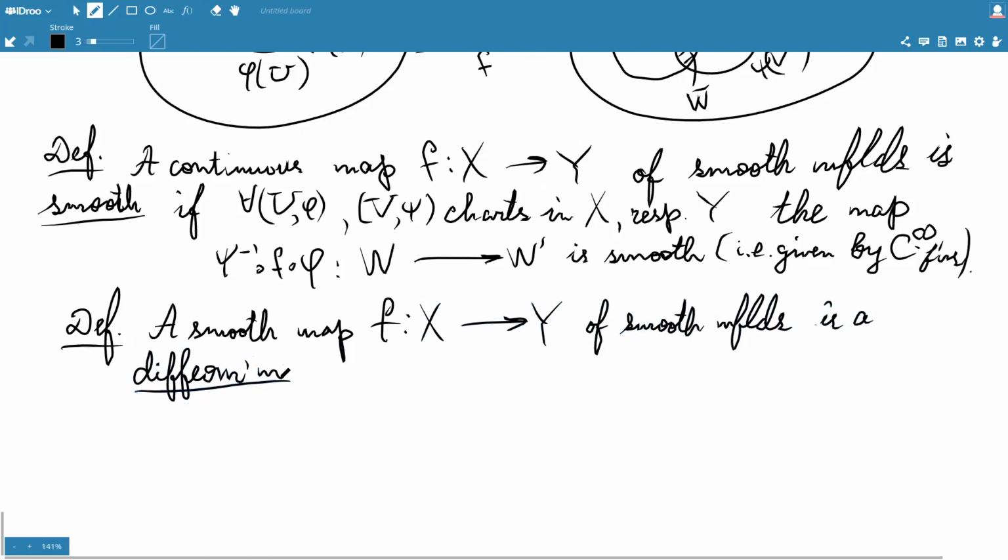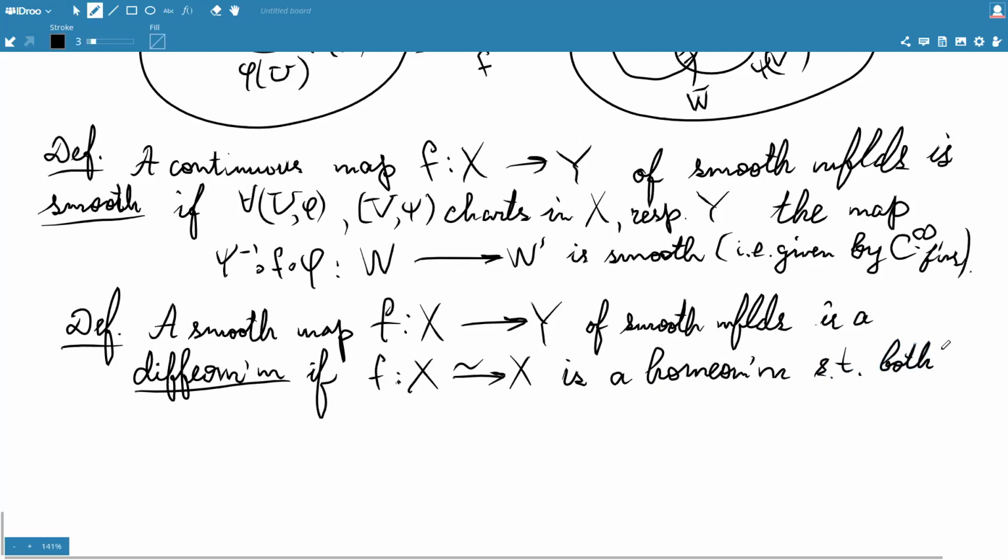I again shorten the words. If it is bijective, if f is a homeomorphism, that is, a bijective continuous map, such that both f and f minus 1, its inverse as a continuous map, are smooth.